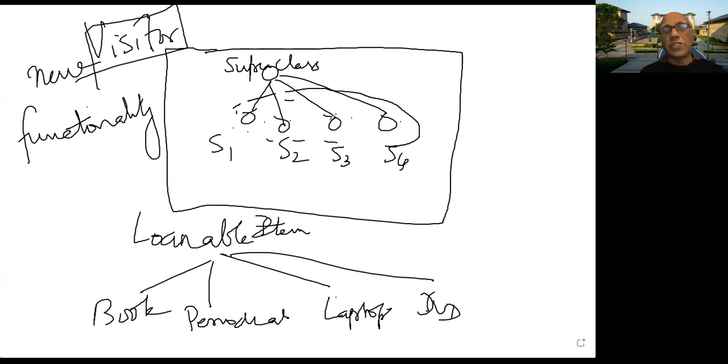How do you use this visitor pattern? To use this visitor pattern, you need to actually do some initial work, which is actually quite simple. To put in this visitor pattern, we have to work on that hierarchy.